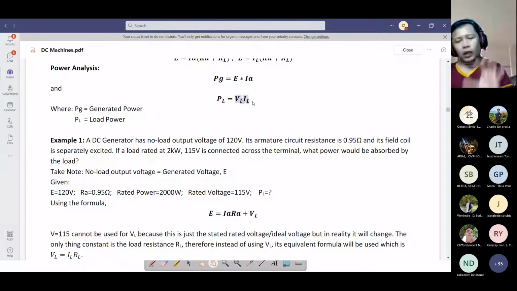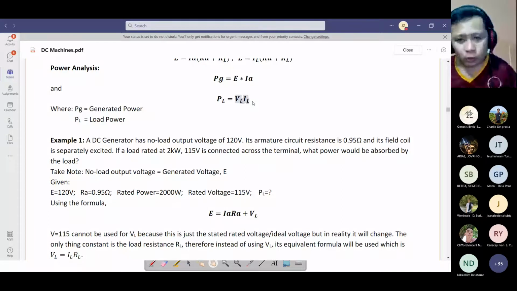So among all the elements, resistance, current, or voltage, resistance only will remain the same. Even if you supply 100 volts, 1,000 volts, or 69,000 volts, the resistance will remain the same. So we will now use the resistance.